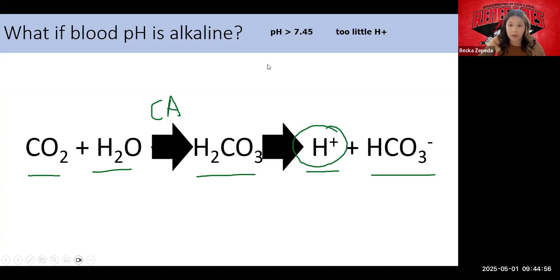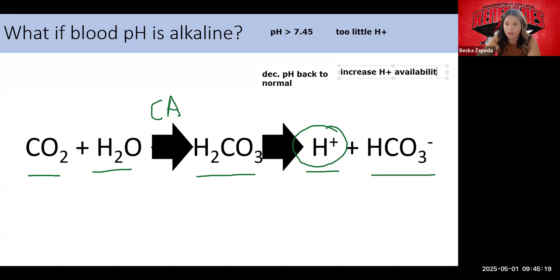And so that should bring our pH back to normal. We'll experience a decrease in pH back to normal. And we'll also increase our hydrogen ion availability.